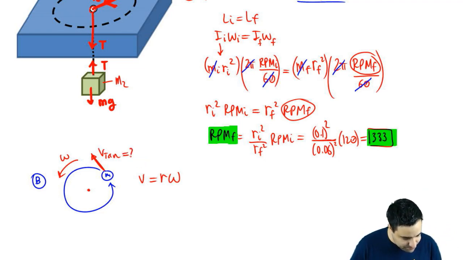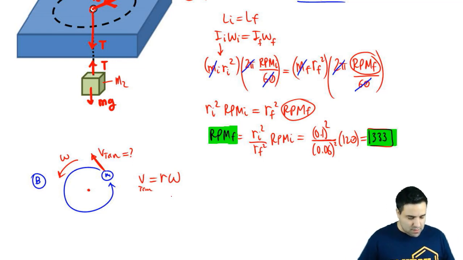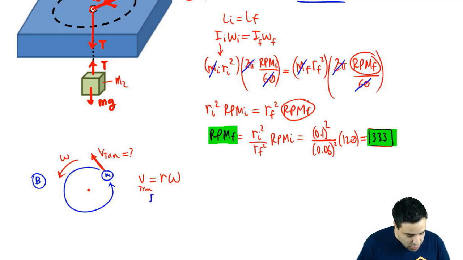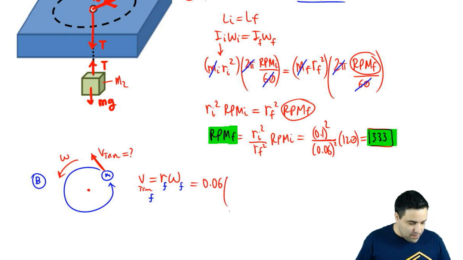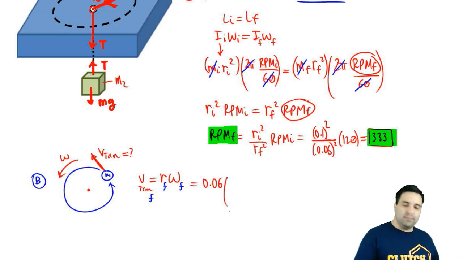Let me just do this. Okay, so all I got to do is multiply r times omega. Now I want the new or final v tan, so I'm going to use the new or final r and the new or final omega. So the new r is 0.06. I don't have omega. I have the new RPM, but I can plug it in here.